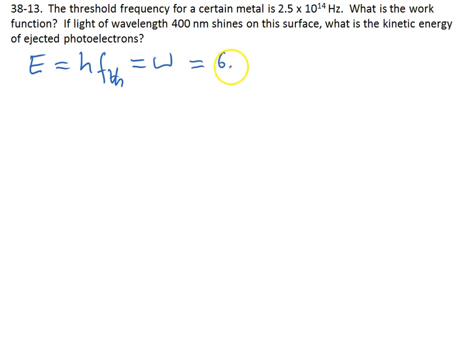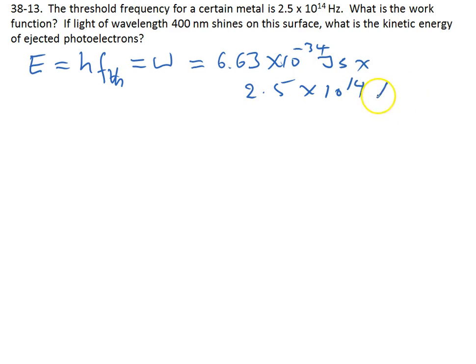h is 6.63 times 10 to the minus 34 joule seconds, times, and I'm going to write it on the next line, 2.5 times 10 to the 14 hertz. A hertz is a number per second, so seconds divided by seconds is nothing, and we're going to end up with a number in joules.